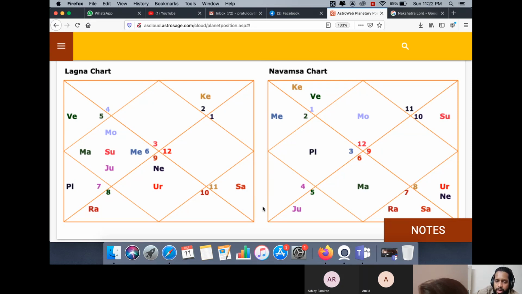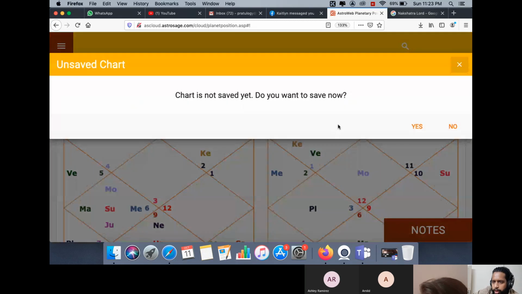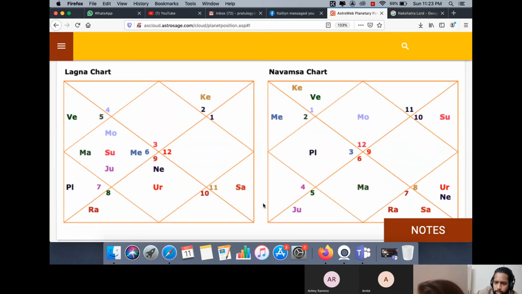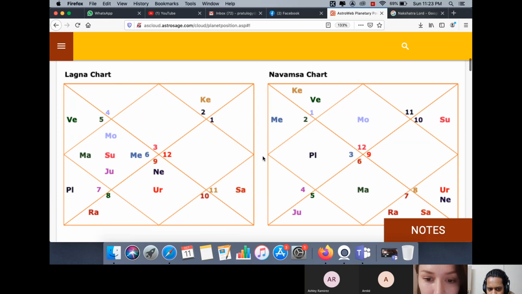So now let's take another chart. Does any one of you want to give me a chart? It can be anyone, a person you know well, so that we can cross-check the life patterns or some events about them.